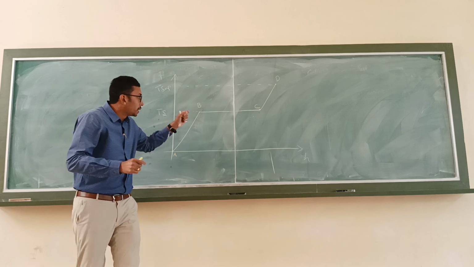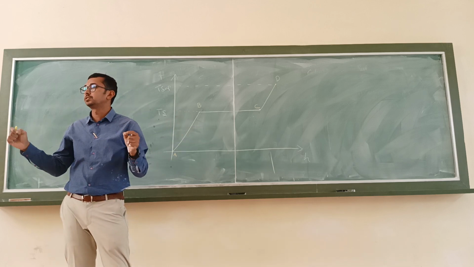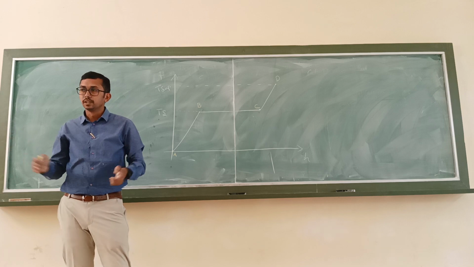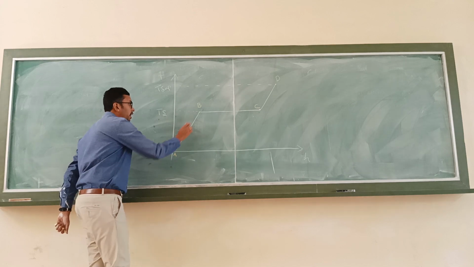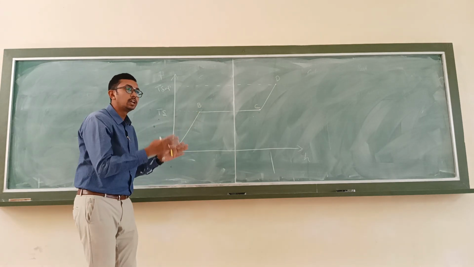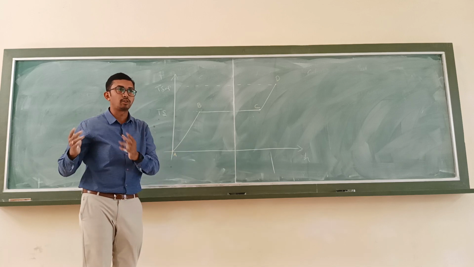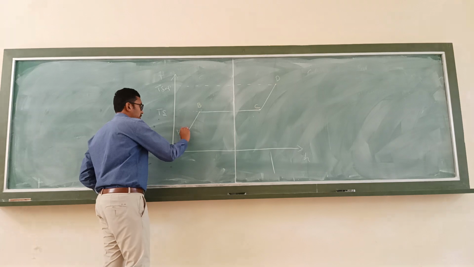Now, based on this, we are going to learn all the different definitions. Between A and B, what will be the condition of water, whether it is in a liquid state, vapor state, or what? Liquid, right? So here it will be liquid.